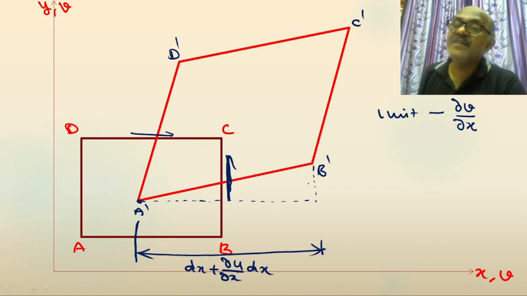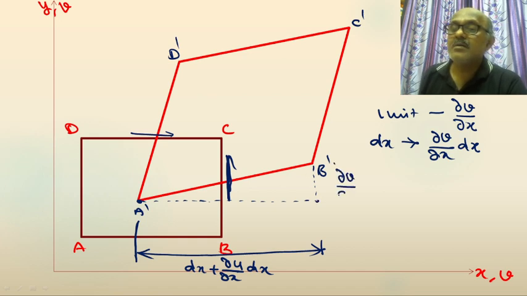For 1 unit distance, dou v by dou x. For dx distance, it is displaced by dou v by dou x into dx. Excellent, my dear students.